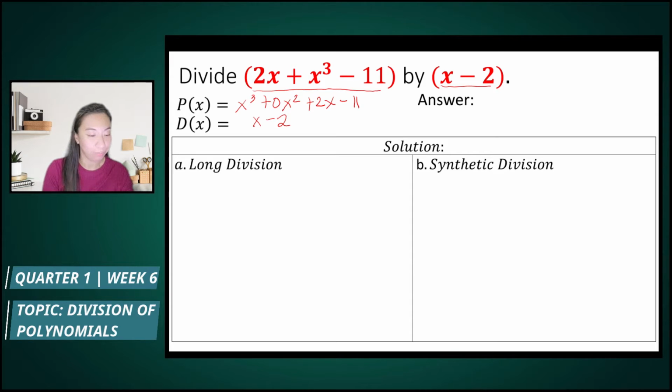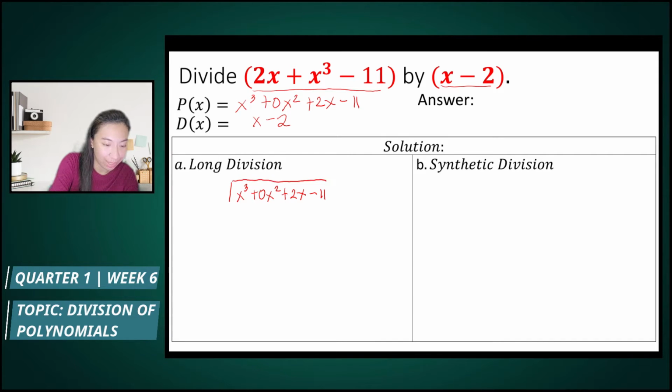Let us start with our first solution, which is the long division method. Let us write our solution. We have x cubed plus 0x squared plus 2x minus 11 divided by x minus 2.